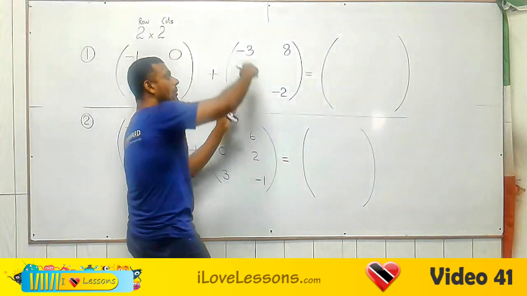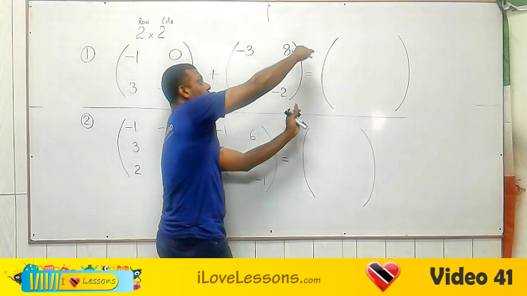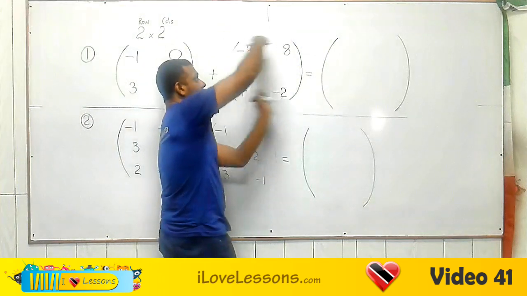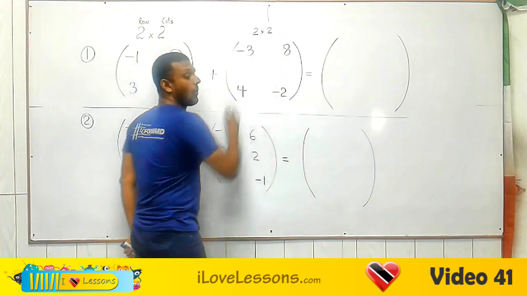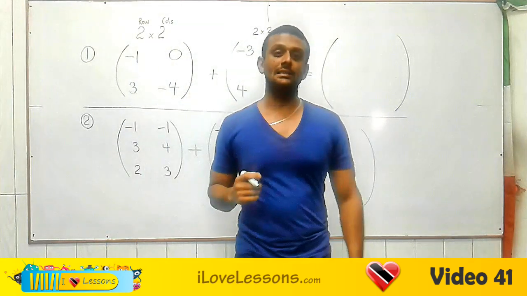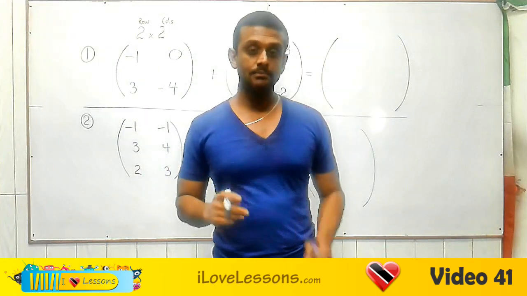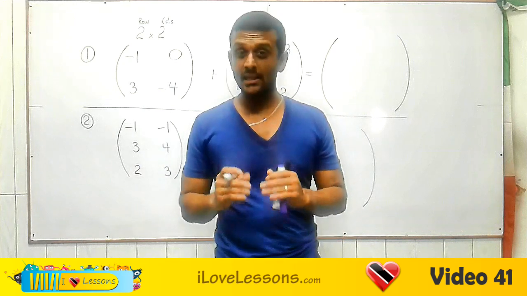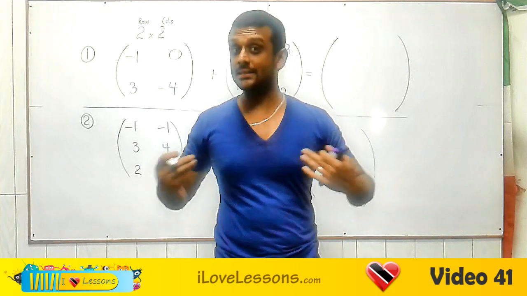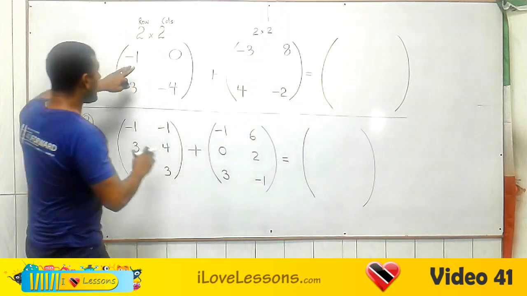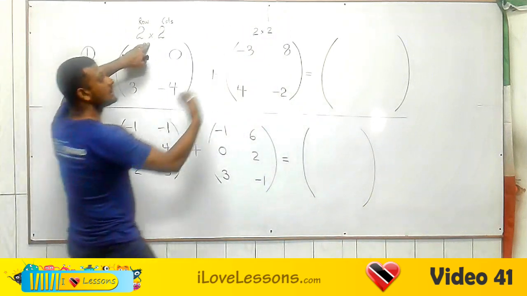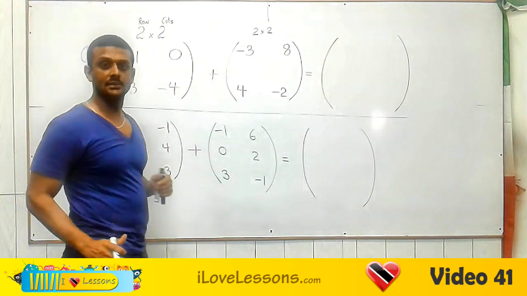Over here we have another 2 by 2 matrix. 2 rows and 2 columns. Now, when it comes to adding and subtracting matrices, the 2 matrices have to be the same exact size for there to be an answer. So today we are adding a 2 by 2 matrix to another 2 by 2 matrix.